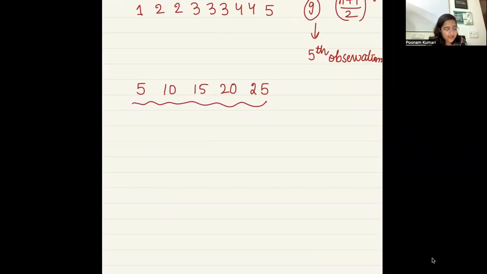So instead of writing 5 and 25, we could have written 15 two times. The sum would still be 30. And the average of 10 and 20 is 15 only. So I could have replaced it with 15 and 15. So if I have 5 numbers which are 15, my average is 15 only.